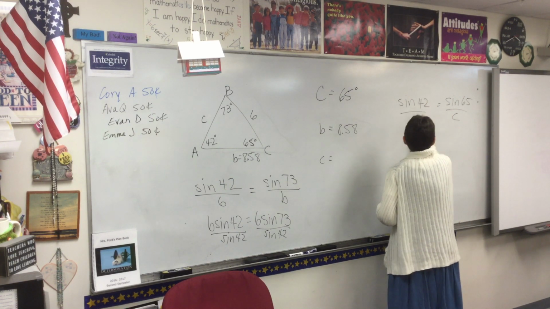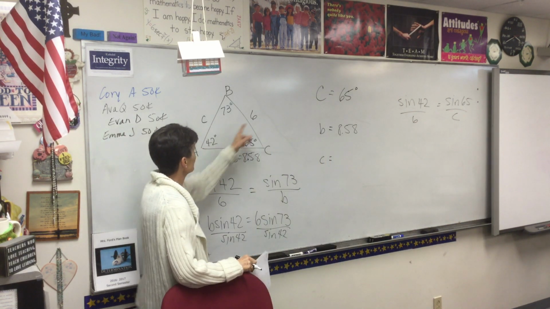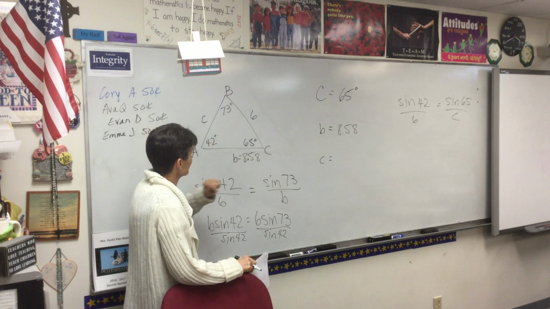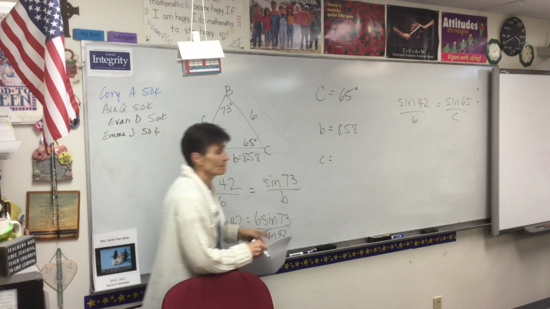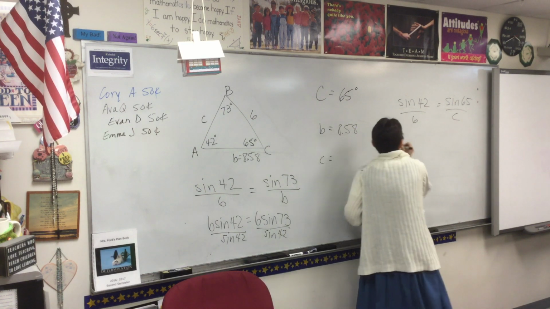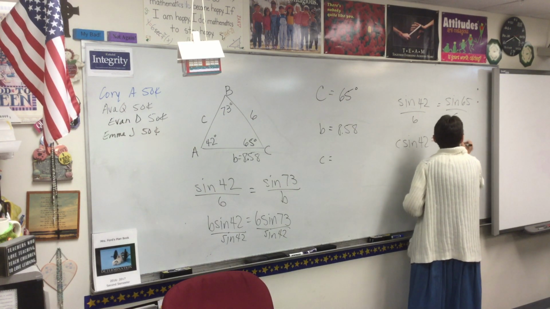Sine 42 over 6. That's right, exactly. So we're starting with our sine 42 over 6 again, only this time we're saying sine 65 over C. So C sine 42 equals 6 sine 65.